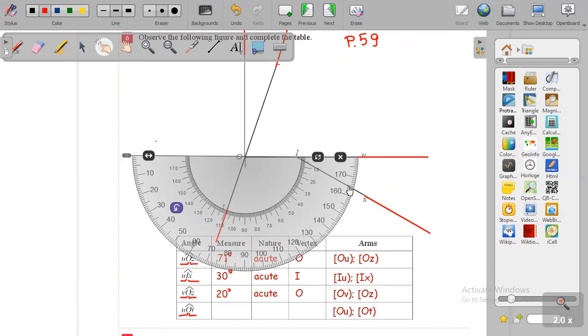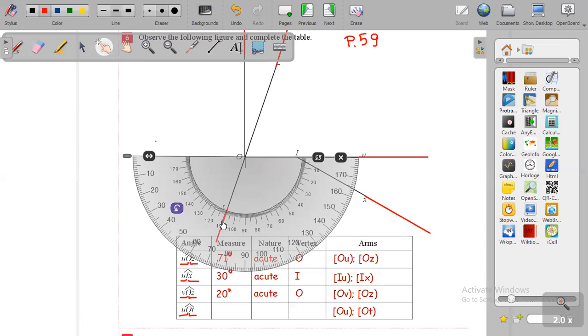Now we measure on this angle. We look at the measures starting from 0. So we look at these measures. And we look, the other arm is on which measure?